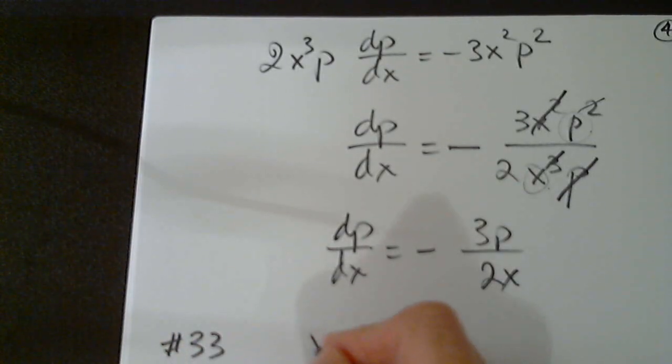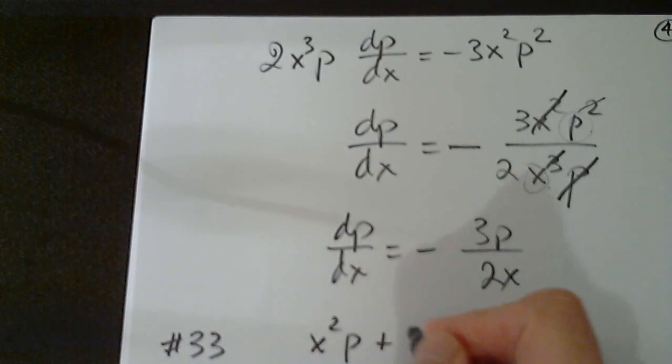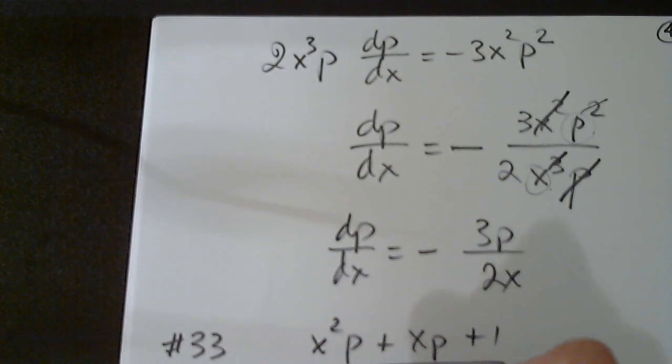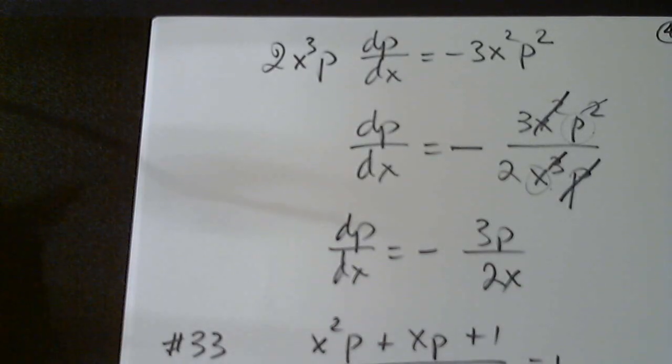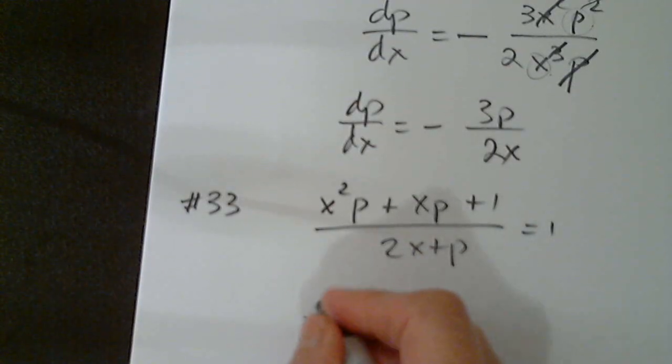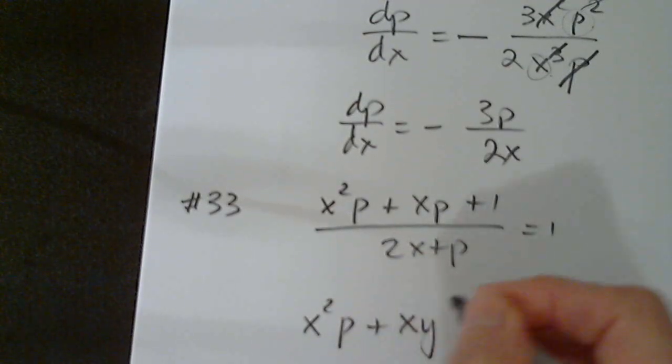In 33, we have x squared p plus xp plus 1 over 2x plus p equals 1. Perfect. Well, of course, I'm going to make it easy. I'm going to cross multiply.